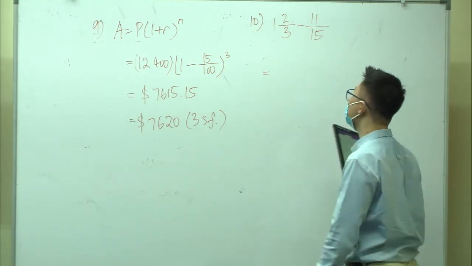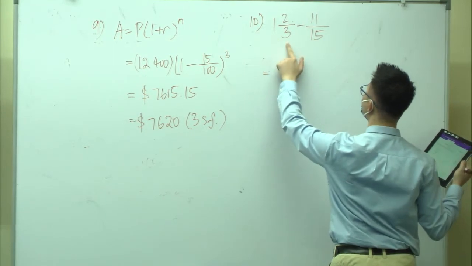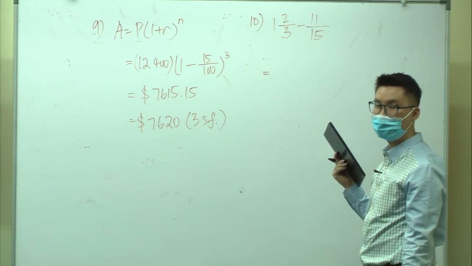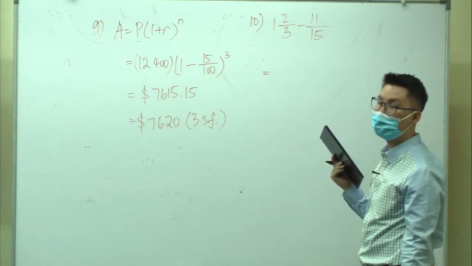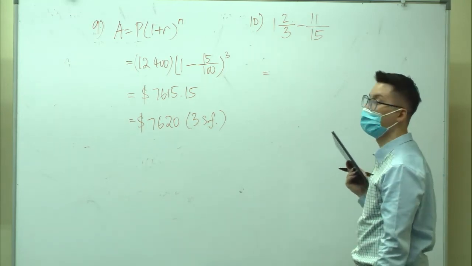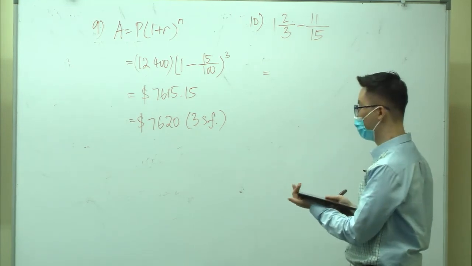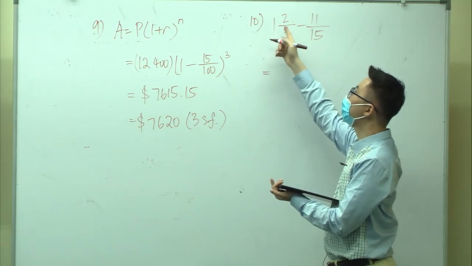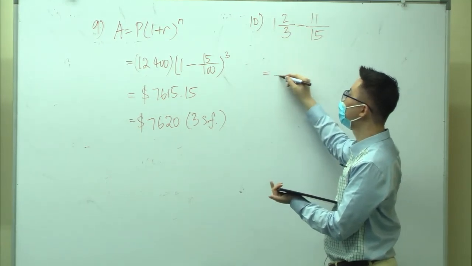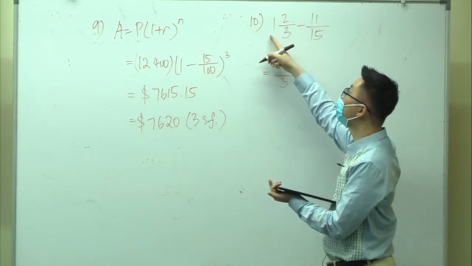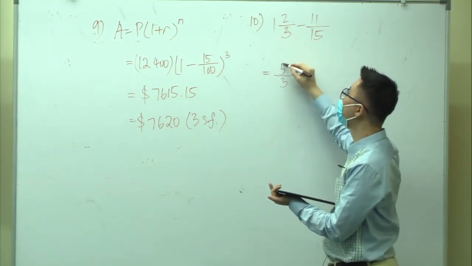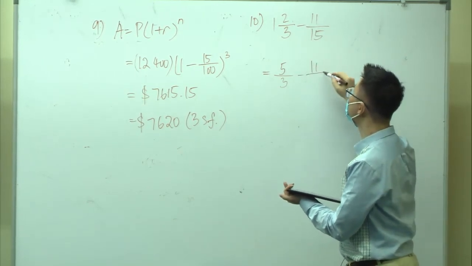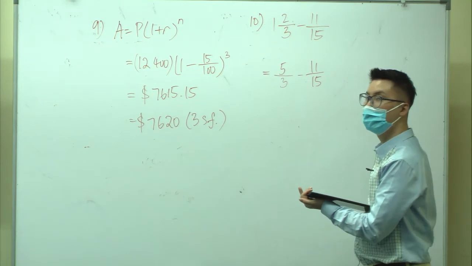First of all, this is what we call the mixed number here. We need to change it to an improper fraction, meaning the numerator is bigger than the denominator. You just take the denominator 3 times the number 1, then add the numerator: 3 times 1 plus 2, you get 5. This one remains the same, 11 over 15.